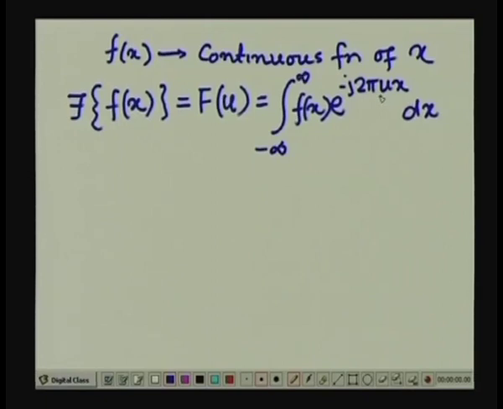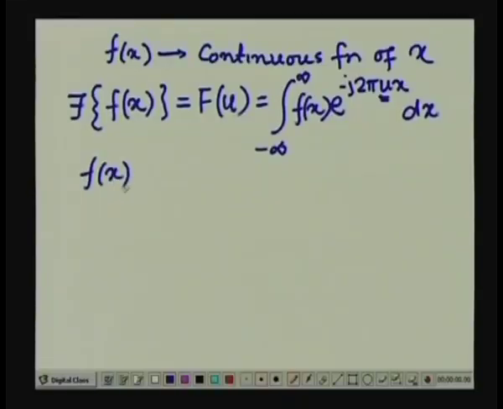Here, u is the frequency variable. So, given a continuous function f(x), by using this integration operation we can find the Fourier transform of f(x), which is F(u).